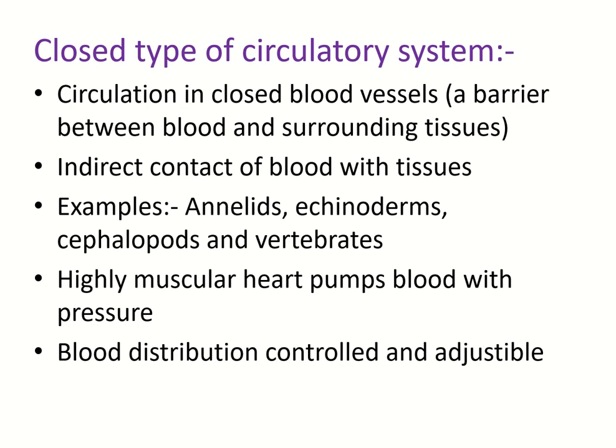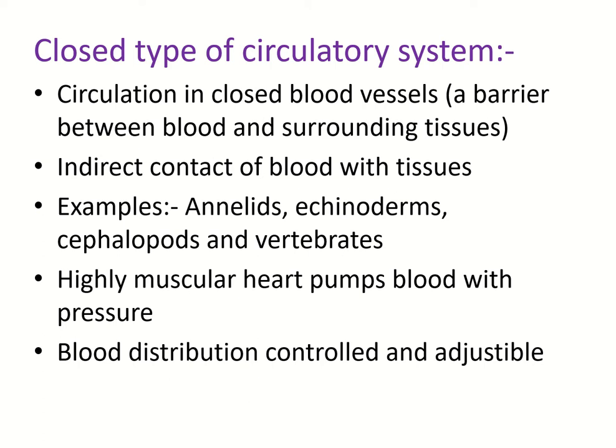Within closed type of circulatory system, which is, you can say, advanced type of circulatory system, particular channels or blood vessels are involved, and those blood vessels create a barrier, a hindrance between the muscles, between the tissues and the blood.